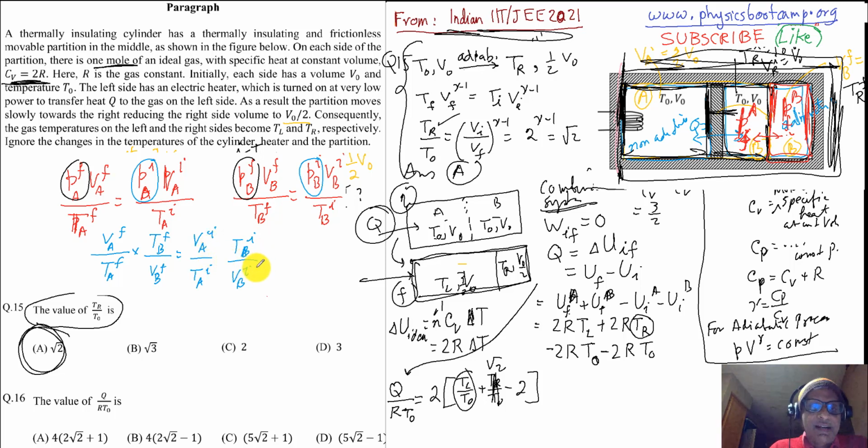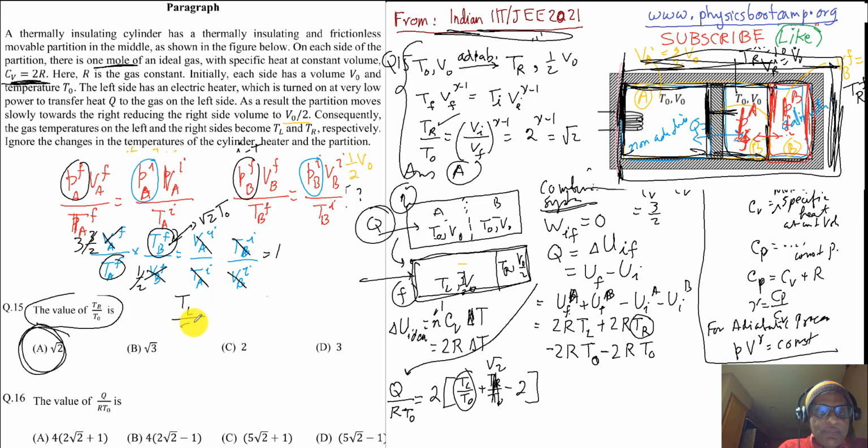So you can see that the initial, these guys all cancel out, okay? And the final volume, V A is 3 times the V B volume. So this becomes 3 half, and this is half. So that makes it 3 times. And this T B F is what TR is. It's the square root of 2 T0. So this side is 1, and so you can see bring this on the other side and T is on the other side.